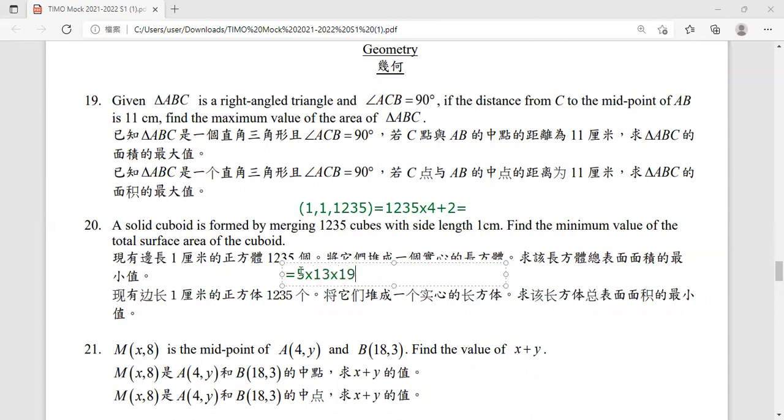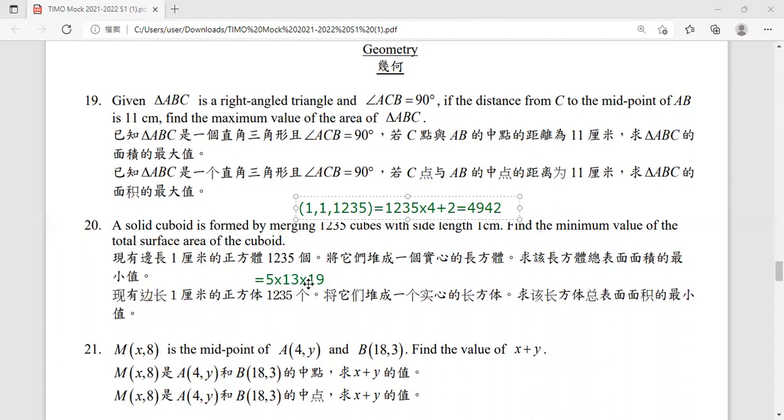Now this one, 5 times, yes. Now this is 4942. Okay, this is the largest.